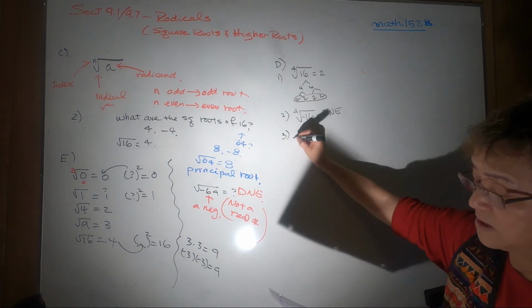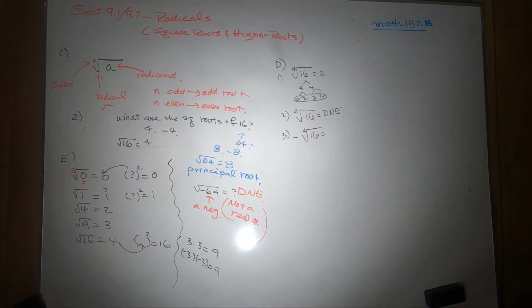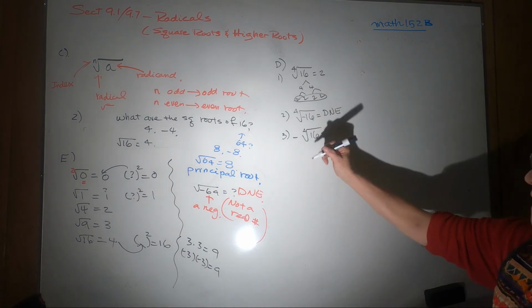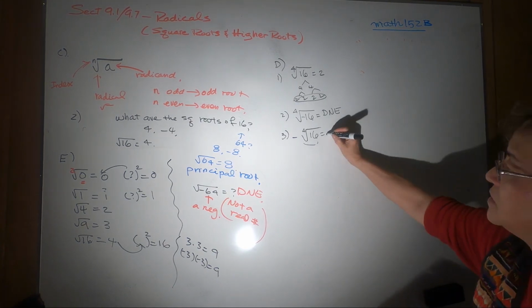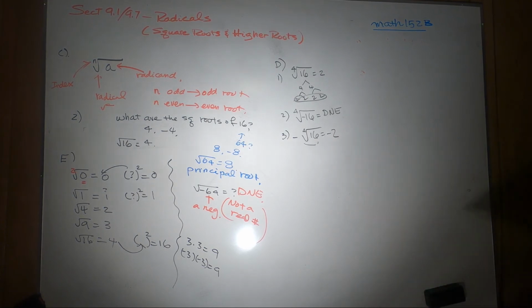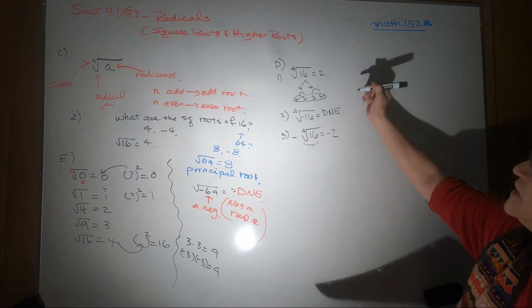If you have negative 4th root of 16, what do you think? The negative is outside, attached to the number behind it, right? This number is 2, so you attach, and that's how you get negative 2. That's the square root or 4th root, an even root. So inside the even root, you cannot have a negative number.